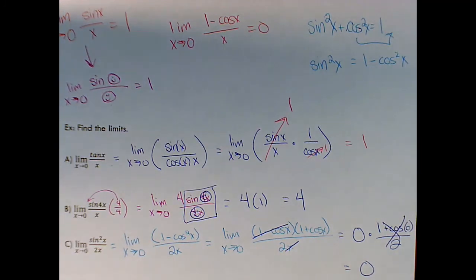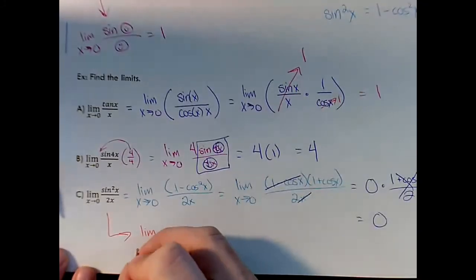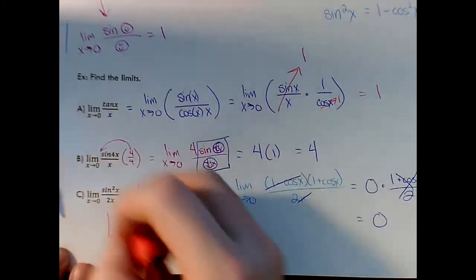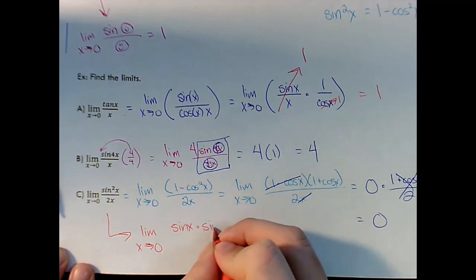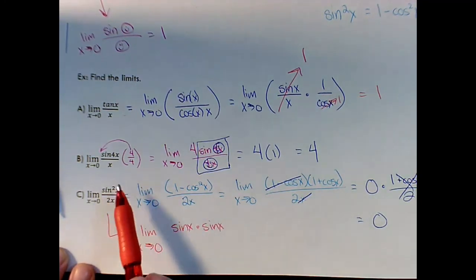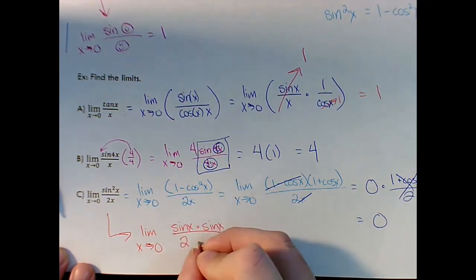Now, my other option that I was thinking, and maybe I'll quickly write this out, and hopefully this works out. There's another way that I can do this. I just saw the sine squared, and I got excited because I love my trig identities. I guess another way I could have done this is to say the limit as x approaches 0 of sine x times sine x over 2 times x. Remember, sine squared x is sine x times sine x.